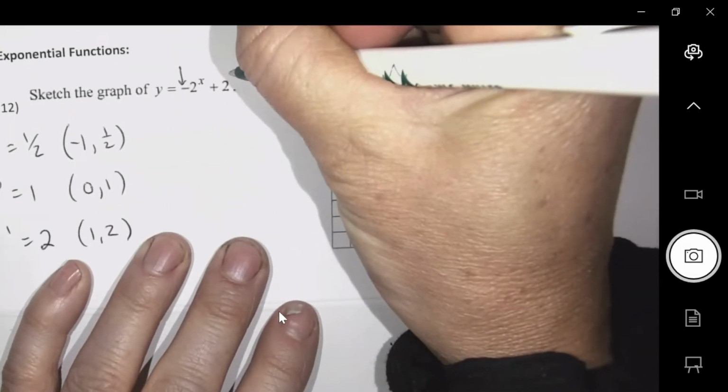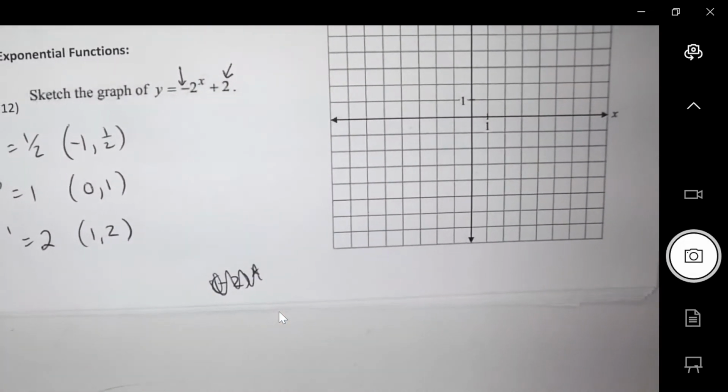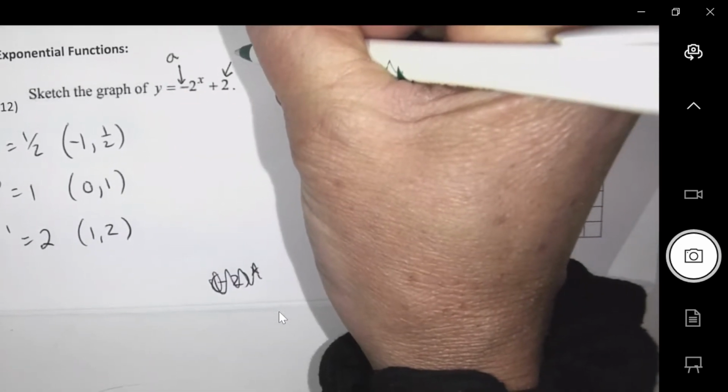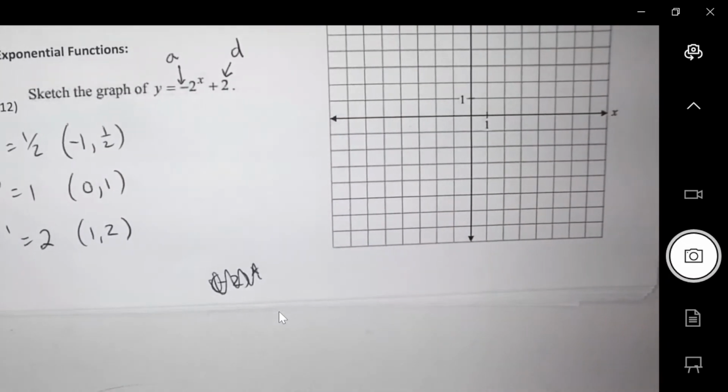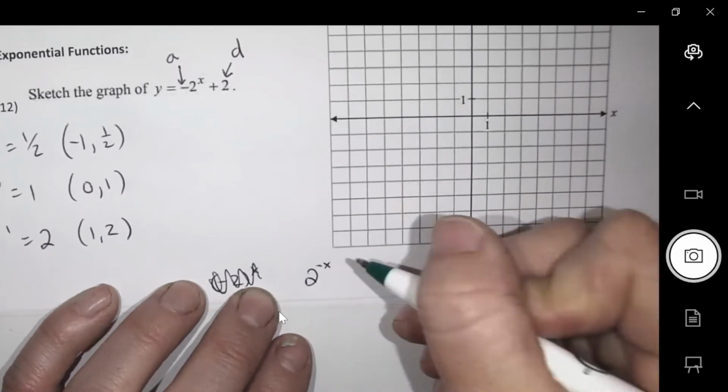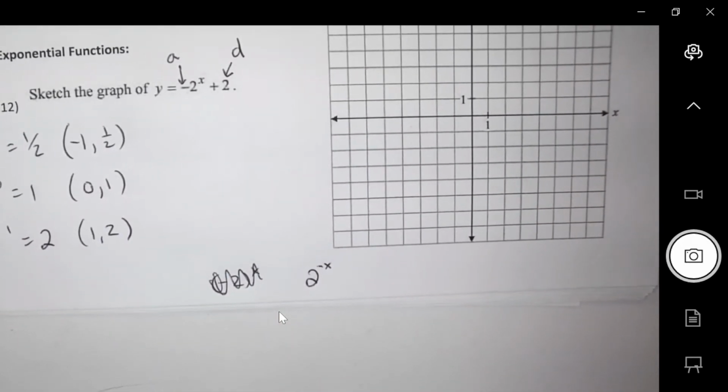We did this and we did this. What letters, A, B, C, D's, do you see? B. A and D. If you want to see a B, do you know what it would look like? That's a B, because it's right in front of the X.